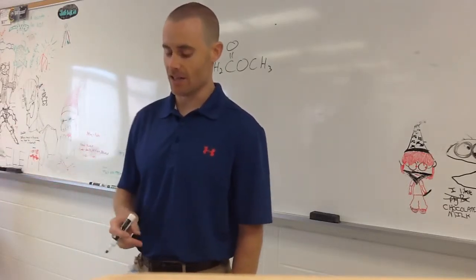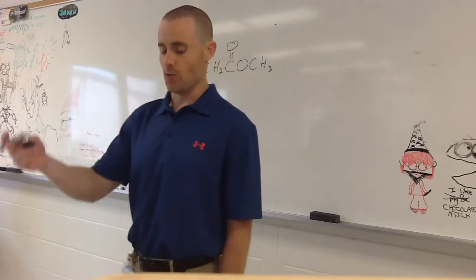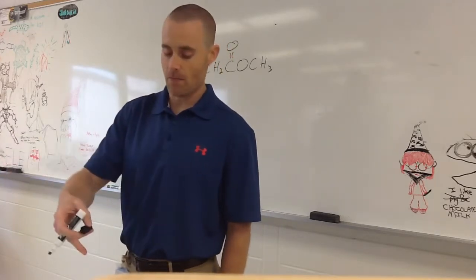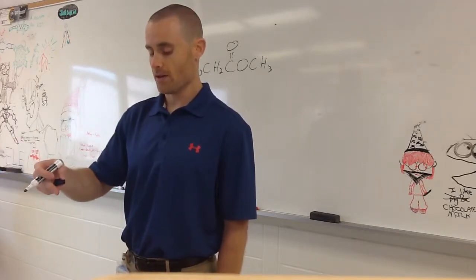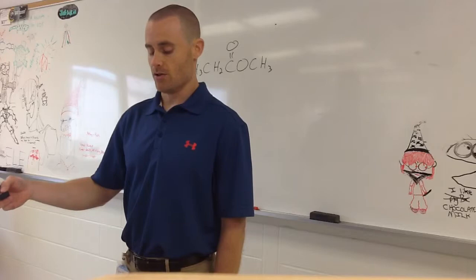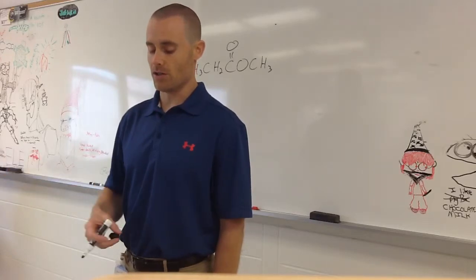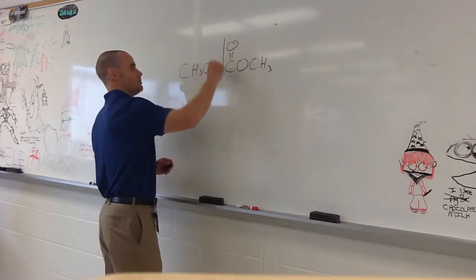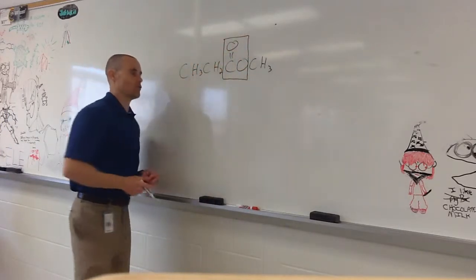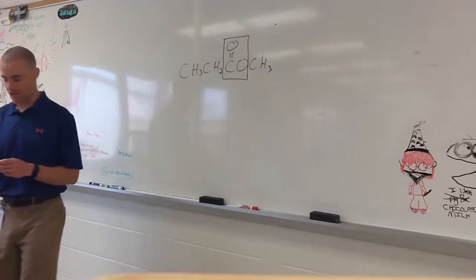So it's hard to relate this to anything else. I see the two parts. What are the two parts? I see the methyl, and I see the propanoate. So I have the methyl, then I have the propanoate. So here's what I want you to do. When you find an ester, I want you to put a box around the functional group. So why don't you copy this down and do exactly what I'm doing.